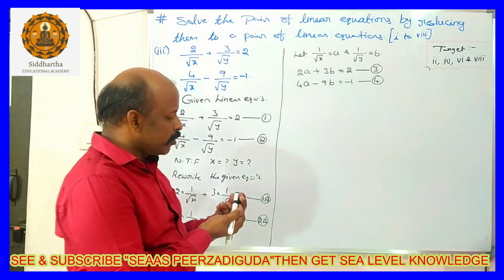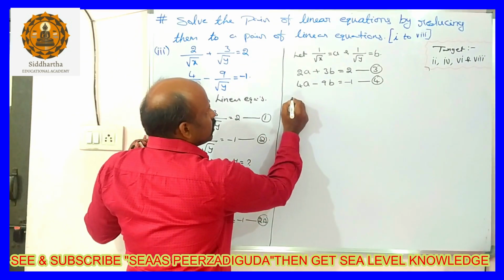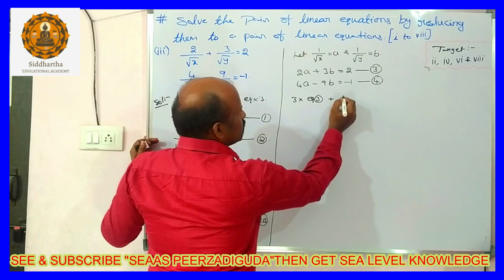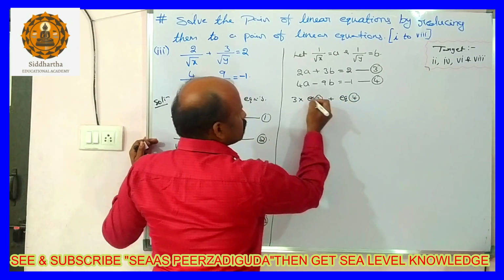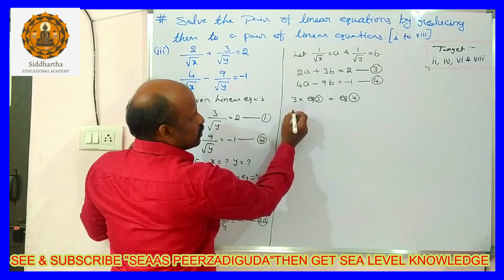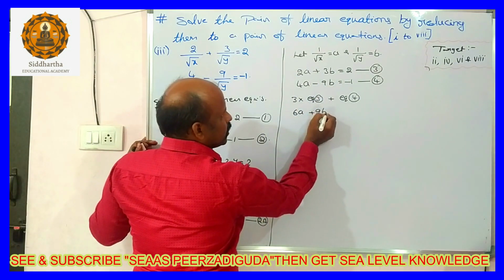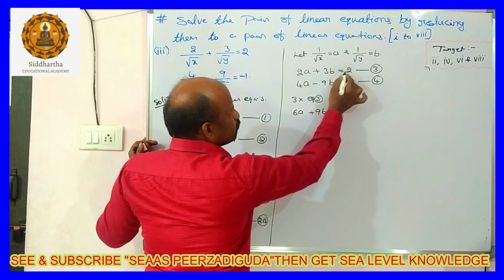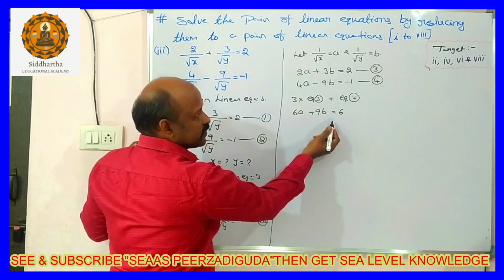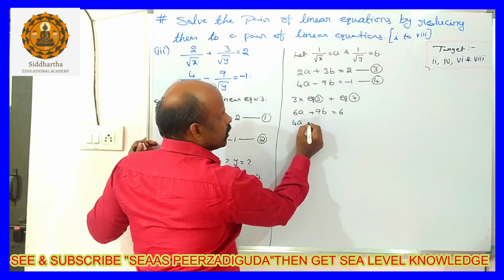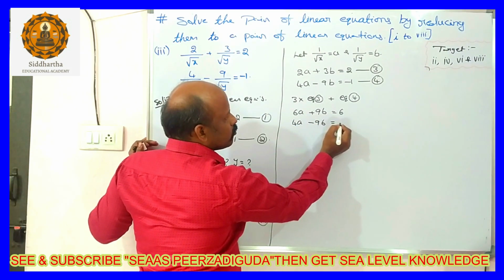That's why I am going to do 3 into equation number 3 plus equation number 4. So 3 into equation number 3: 3 2s are 6a plus 3 3s are 9b is equal to 3 2s are 6. We got this one, and one more, equation number 4 as it is, I am going to write 4a minus 9b is equal to minus 1.